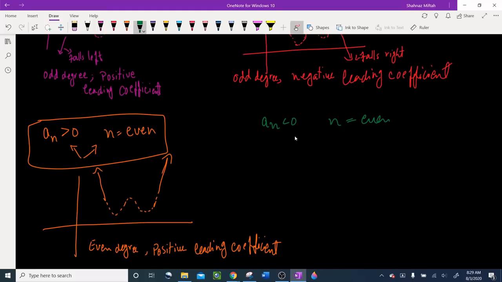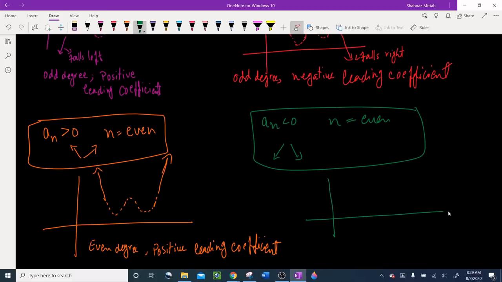Then it means the leading coefficient is negative and the graph falls to the left and falls to the right. This one is kind of easy, the even degree ones, because if it's greater than 0, both rise. If it's less than 0, or a negative leading coefficient, then both fall. So the graph for this one looks like this.